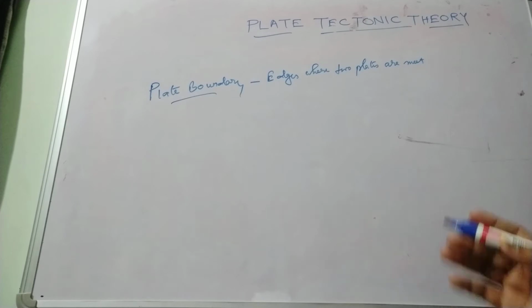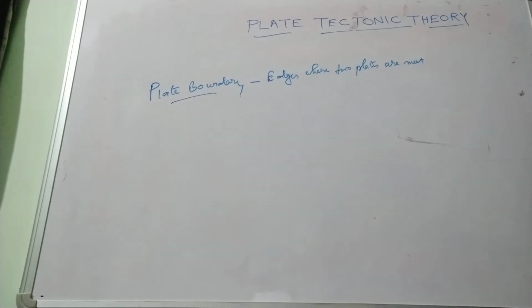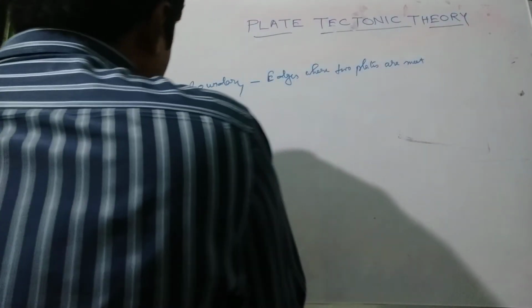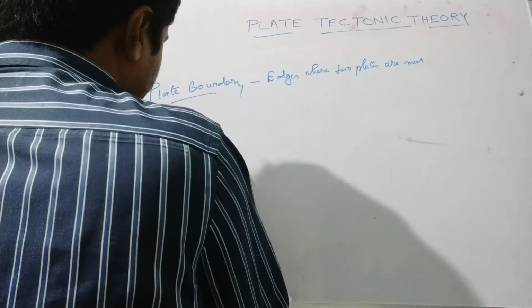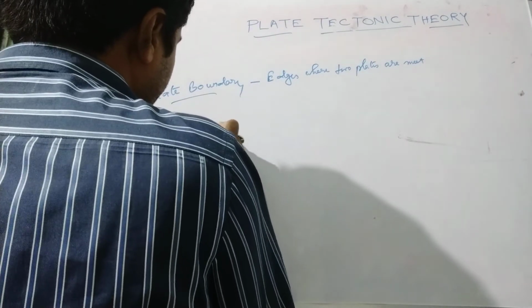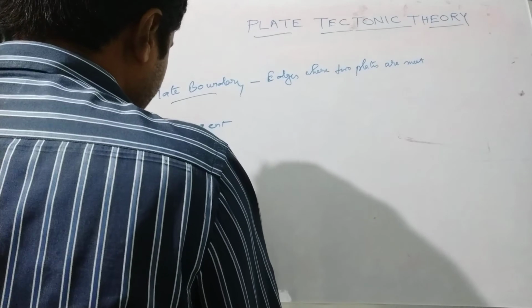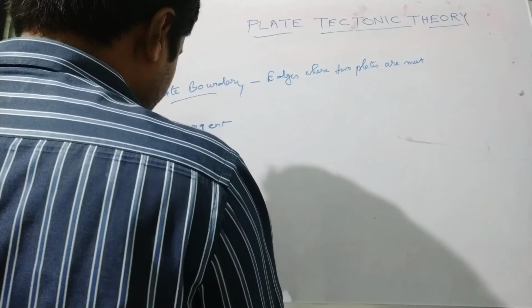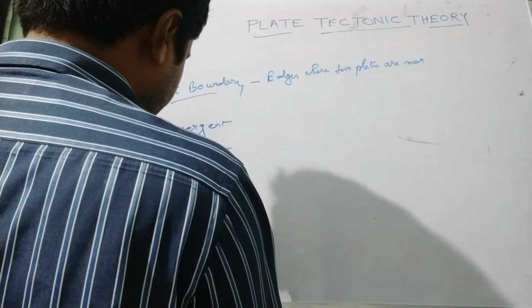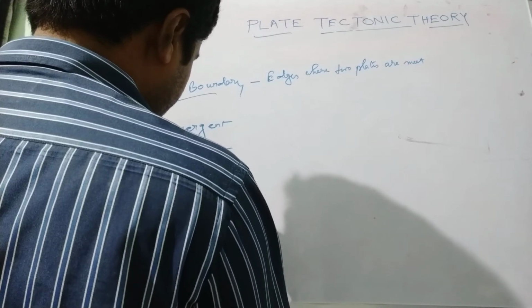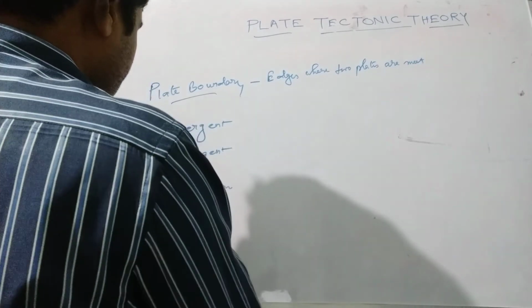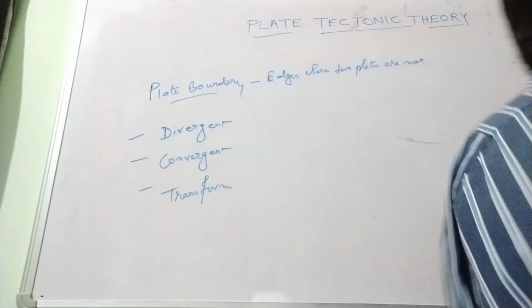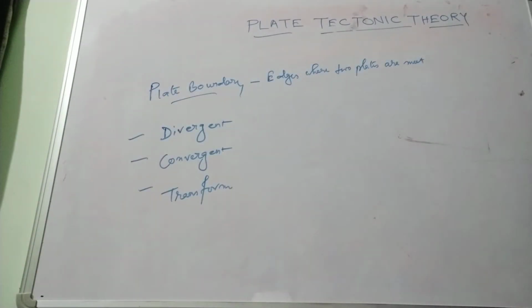So there are 3 types of plate boundary. One is the divergent, convergent, and transform. These are the 3 types of plate boundaries found.